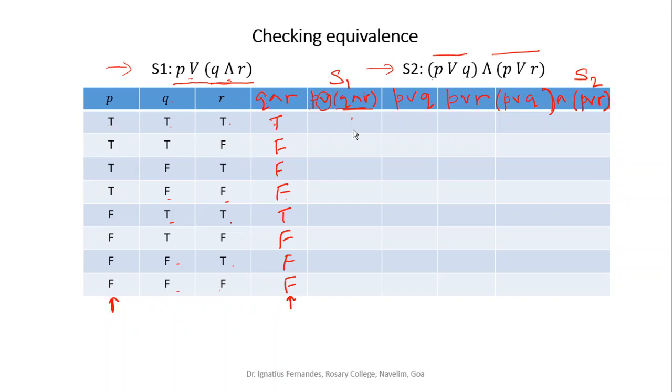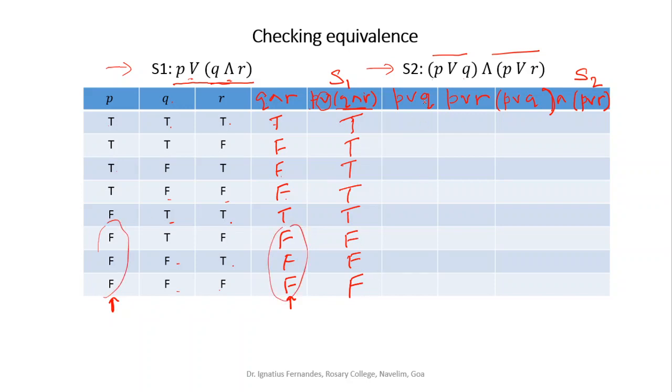So T and T, it is T. T and F, it is T. T and F, it is T. F and T, it is T. F and F, both are false, so this is going to be F. F and F, it is F. Then T and T it is T, T and F it is T, T and T it is T. Here all the values are F's, that's why it is F, F, F.